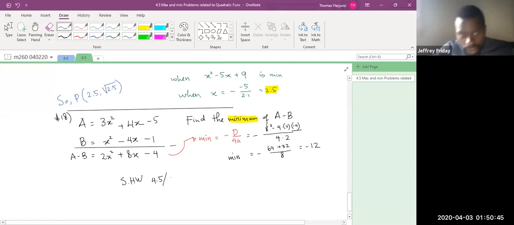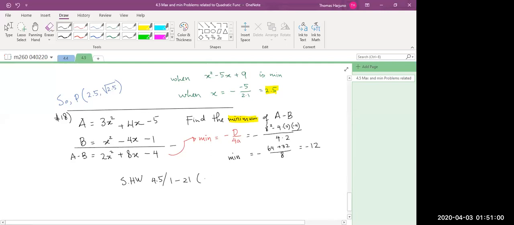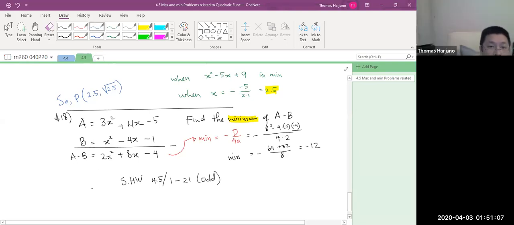Sorry, I have a question. So I couldn't have used negative b over 2a? If you use negative b over 2a, you will get the x that makes it the minimum. That's okay if you do it that way. So the x minimum will be negative b over 2a, so that would be negative 2.